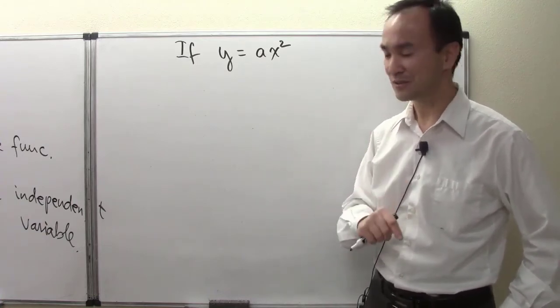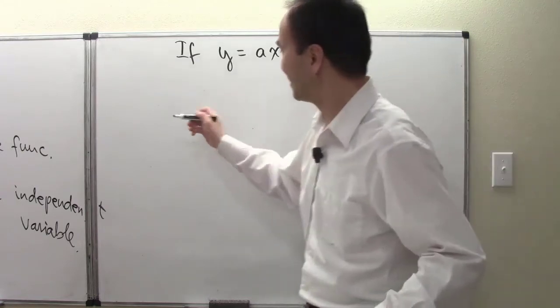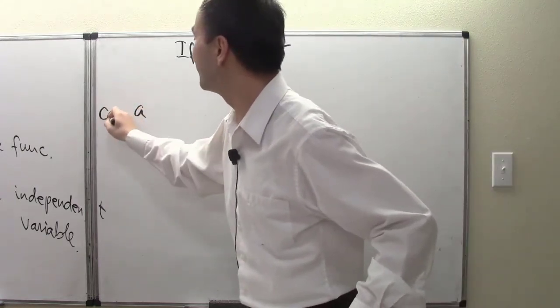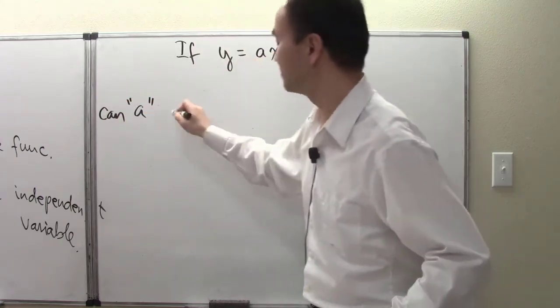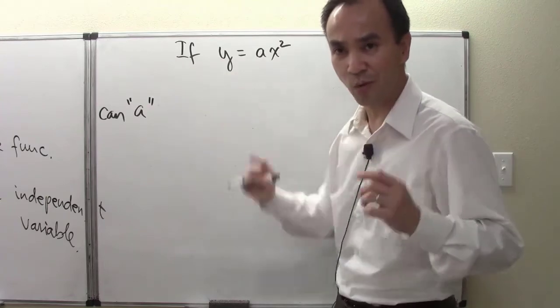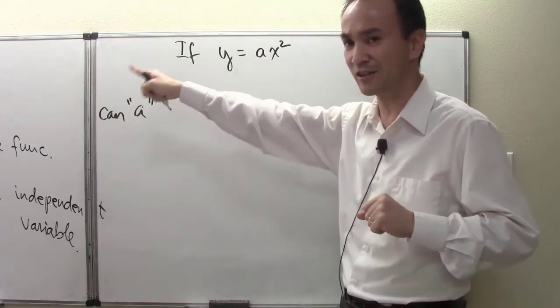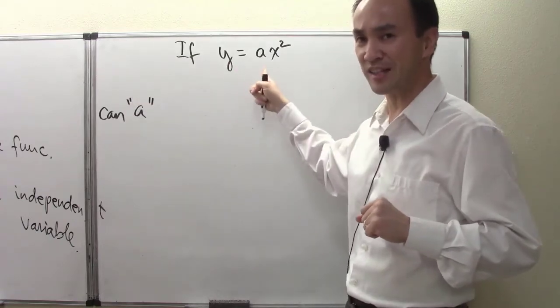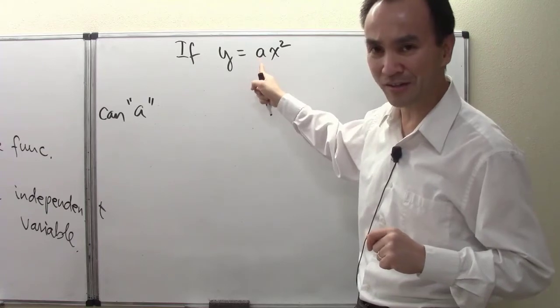So what I'm trying to point out now in front of everyone is this: can this a, because it's a letter, just like the x, just like the y, be a variable? My concern now is, how come in the earlier problem we only treated x as the variable and completely ignored the a?